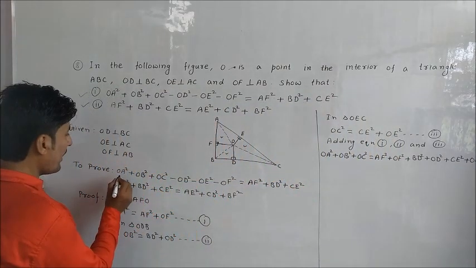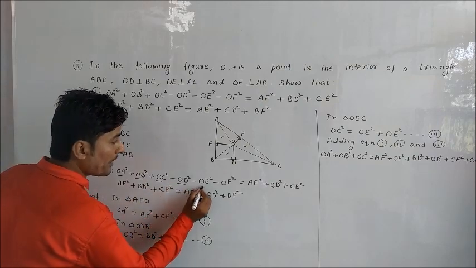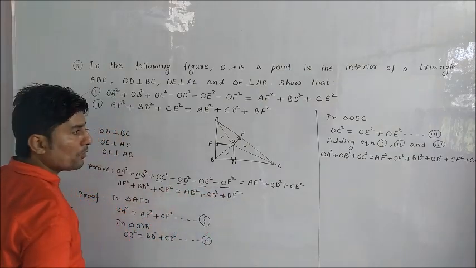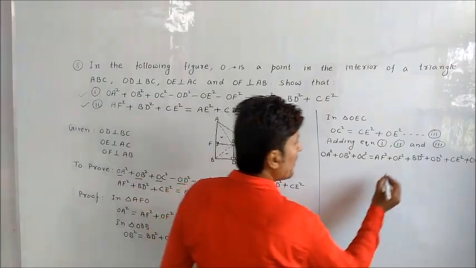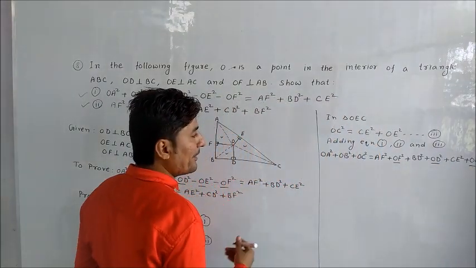Now in the proof we have OA square plus OB square plus OC square minus OD square minus OE square minus OF square. So these 3 terms we have to bring towards the LHS side of the equation.